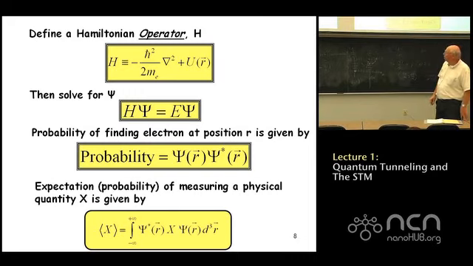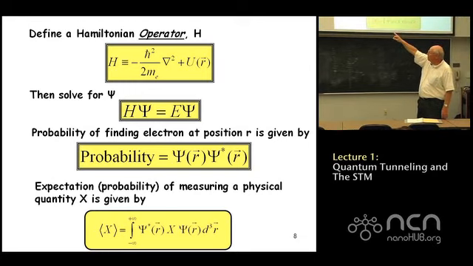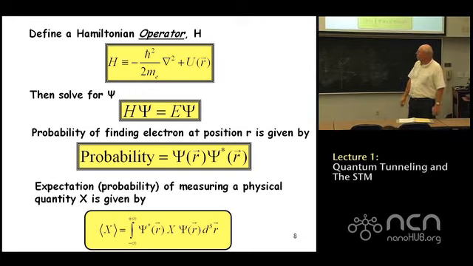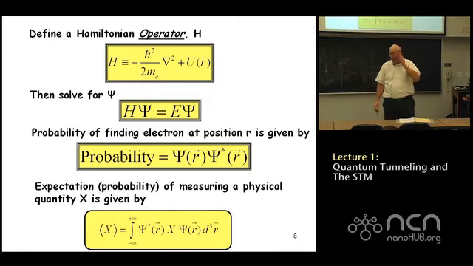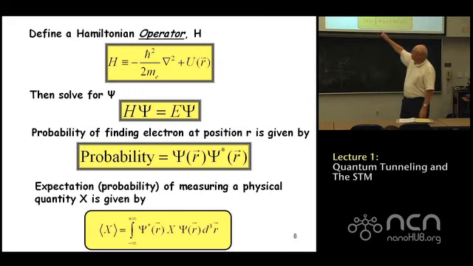Okay? So, in 5 minutes or less, that's Schrödinger's wave equation, H psi equals E psi, where H is defined as that box at the top of the page. And if you study quantum mechanics in a physics class, you'll spend the whole semester investigating different U's, different values for U, to describe different situations for an electron.